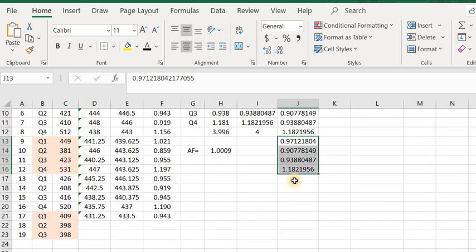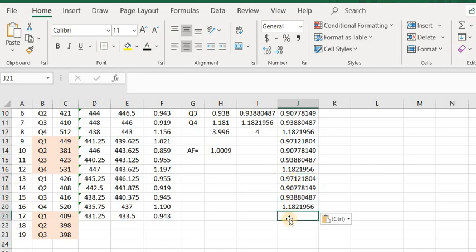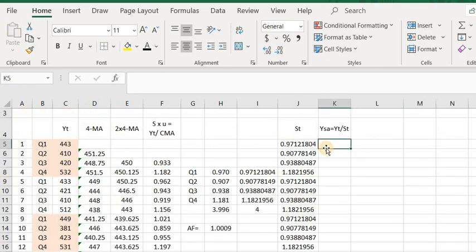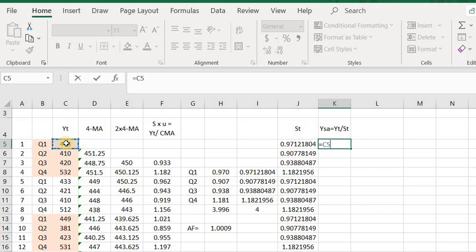Until the end of the data. Then we divide the YT, the observed value, by the seasonality.